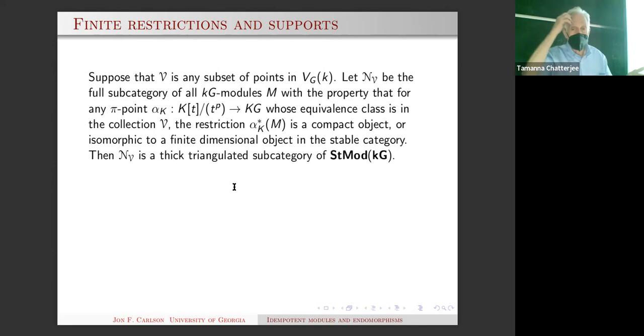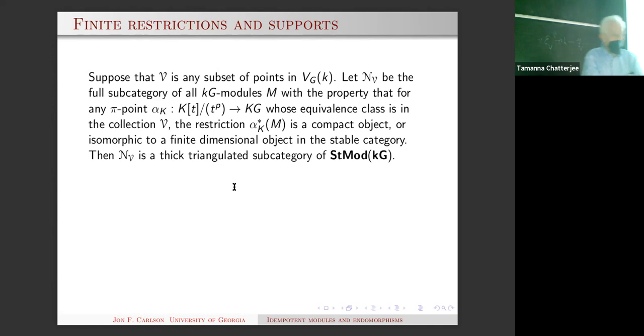In other words, if I've got a subset of points, I can take the full subcategory of all KG modules that have the property that when I restrict to a pi point corresponding to something in that set, then that restriction is a compact object.